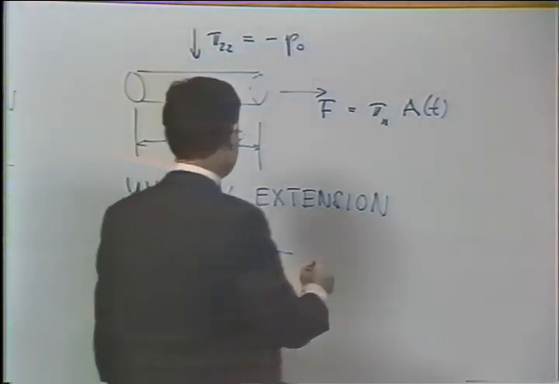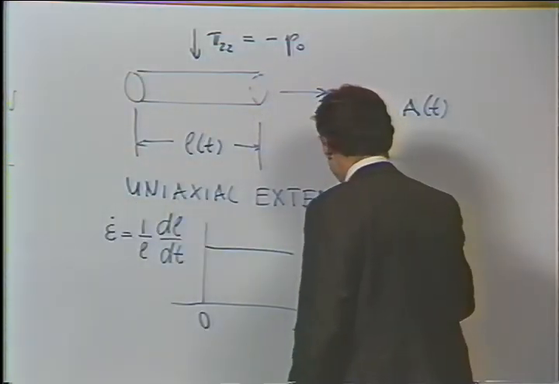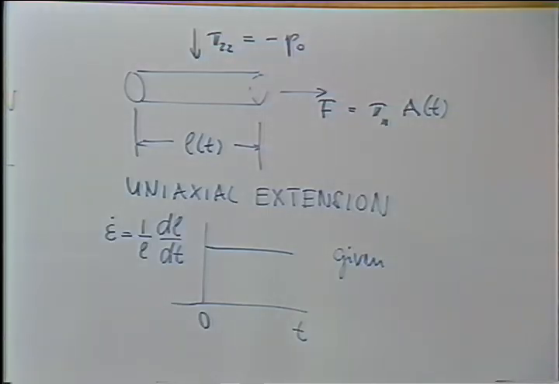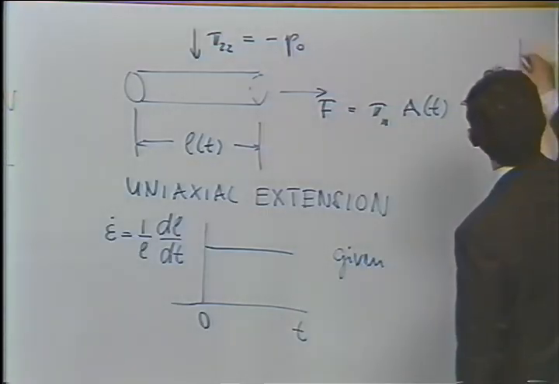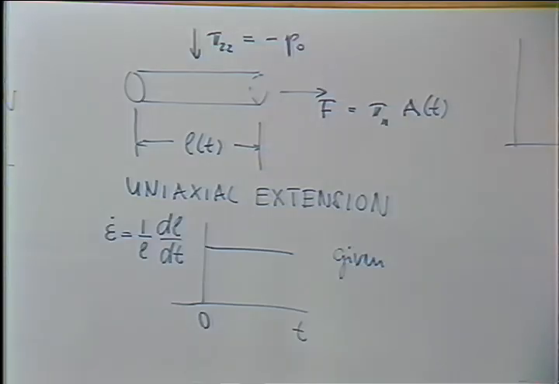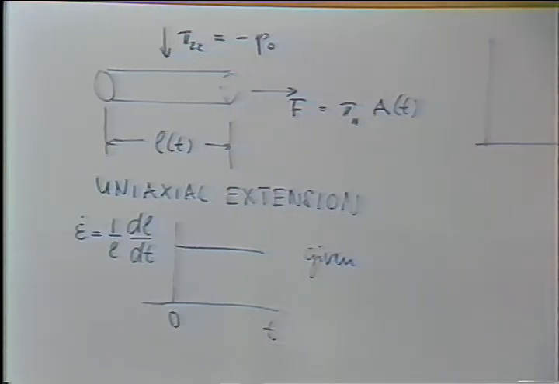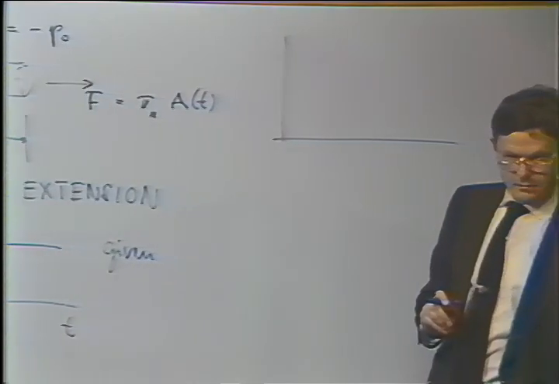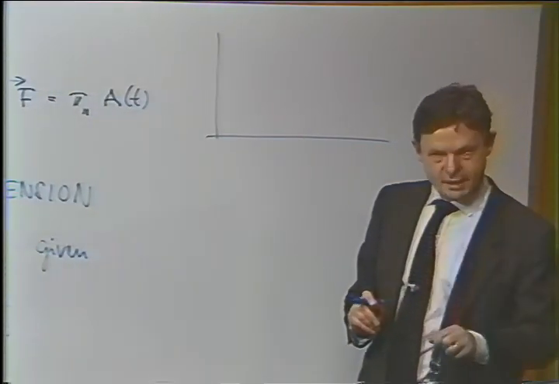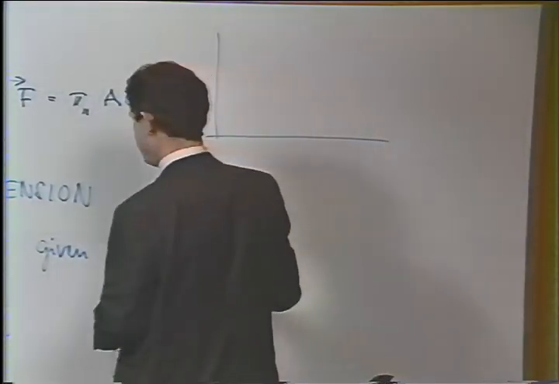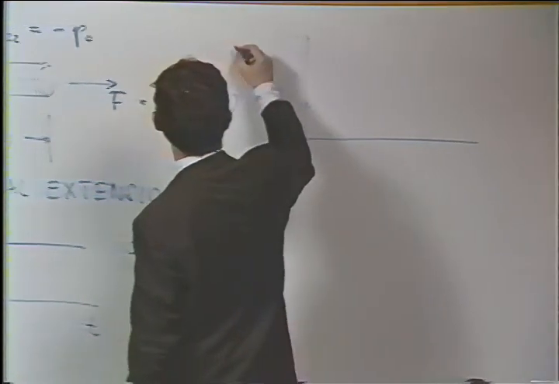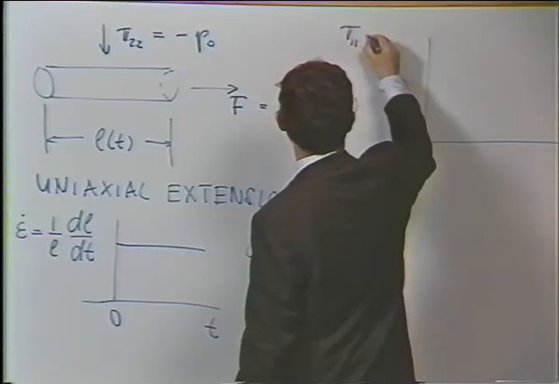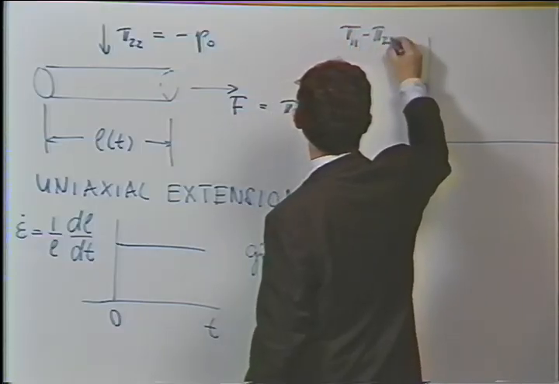So this is given. This is the part of the experiment which we are prescribing, and we would like to measure now the response, the stress response. Now, what type of response would we be looking for? We would look for the material function, and this material function, remember, is given as pi 11 minus pi 22.